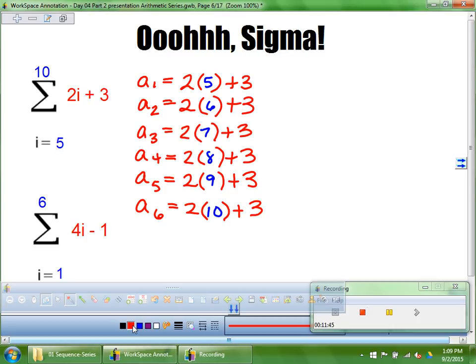Okay. So 2 times 5 is 10, plus 3 is 13. 2 times 6 is 12, 13, 14, 15. I really don't have to do this anymore. Why? Because I'm adding 2 each time. That would have been easier, right? Let's check. 2 times 10 is 20, plus 3 is 23.